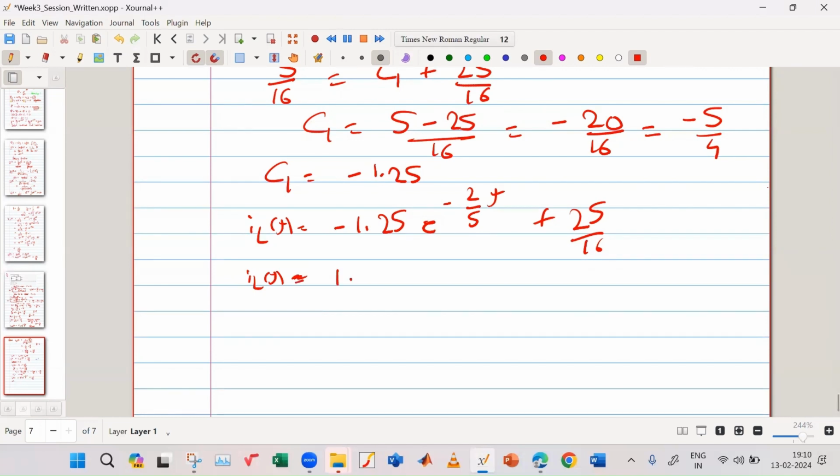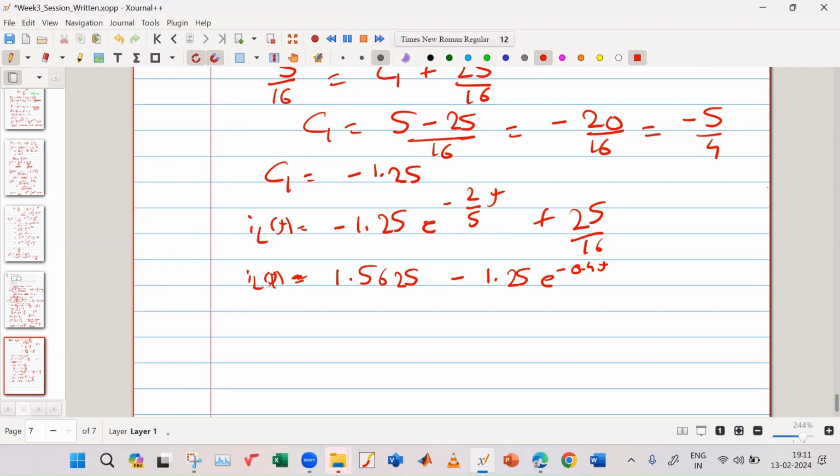So that is equal to 1.5625 minus 1.25 e raised to minus 0.4 t. So this is the equation for my inductor current.